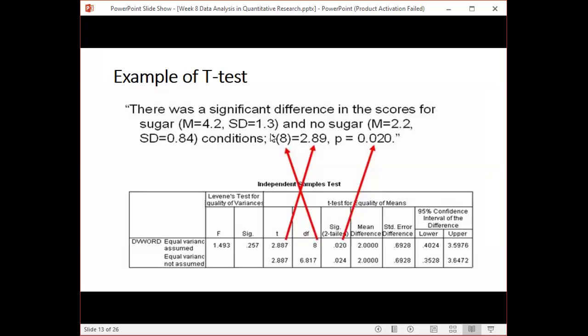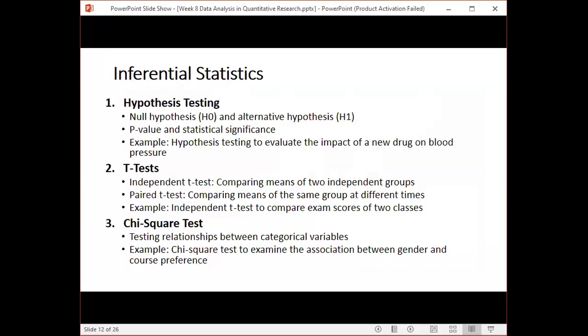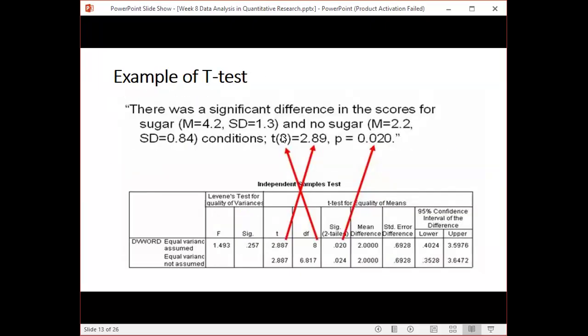So we use a t-test because this is a t-test of different groups. It's not a paired t-test. This one is for different groups. So this is the t-test we are talking about, the independent t-test, right? So you see on top here it says independent sample t-test, telling you that you're talking about two different groups.